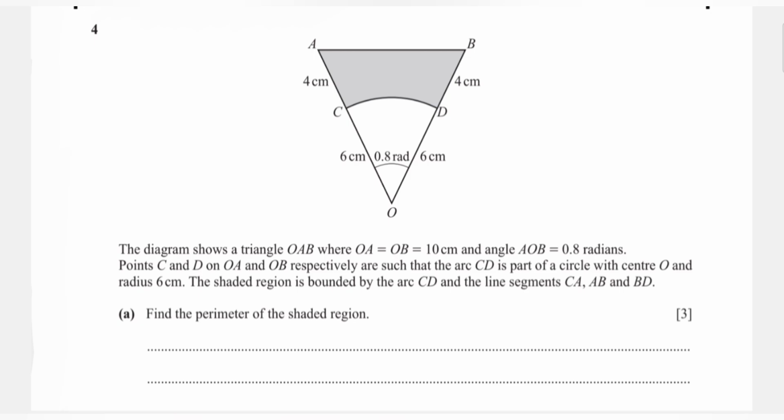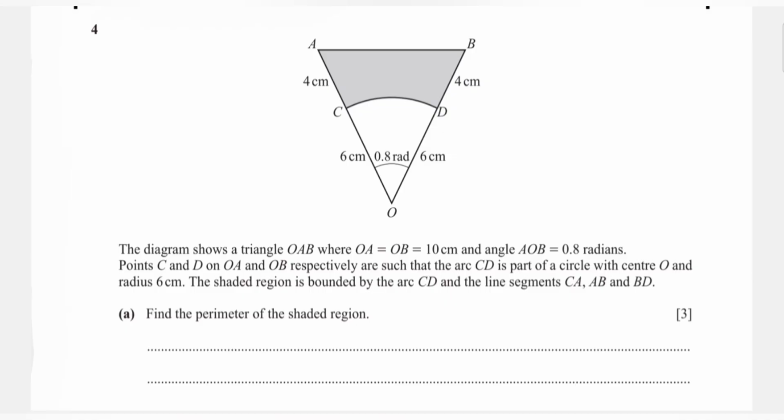The shaded region is bounded by the arc CD and the line segments CA, AB, and BD. And part A is saying, find the perimeter of the shaded region.